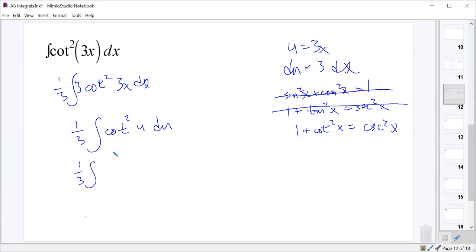So we'll have 1/3 the integral of, instead of cotangent squared, we'll write cosecant squared u minus 1 du. Good? Everybody good with that? Good. And now we'll integrate. We have a rule for cosecant squared. What's the rule for cosecant squared?